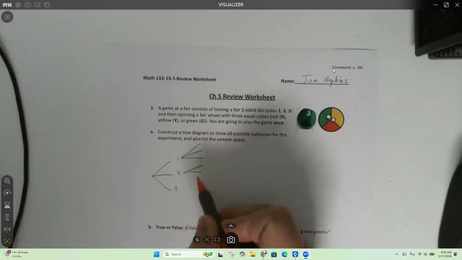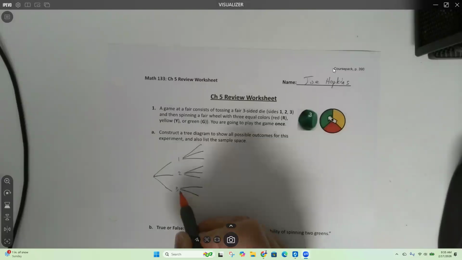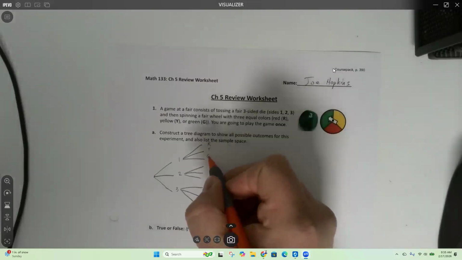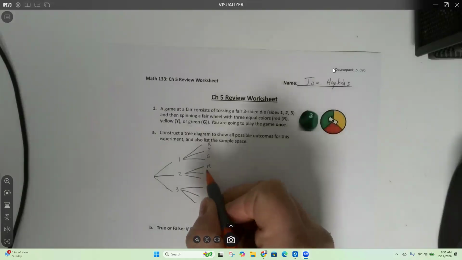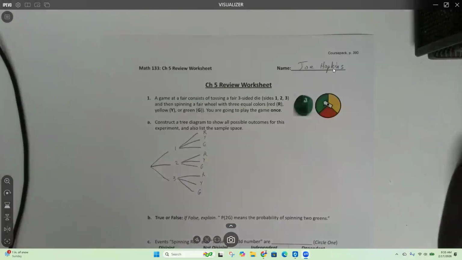It doesn't matter what you rolled, there's still three results. You could get red, yellow, or green, for each one. This is our tree diagram.